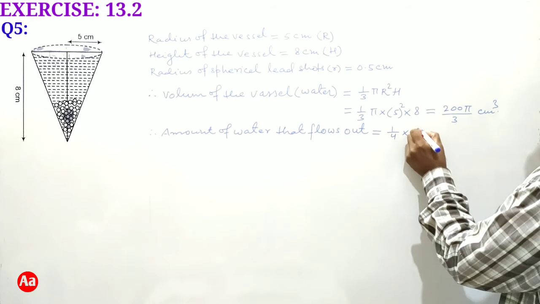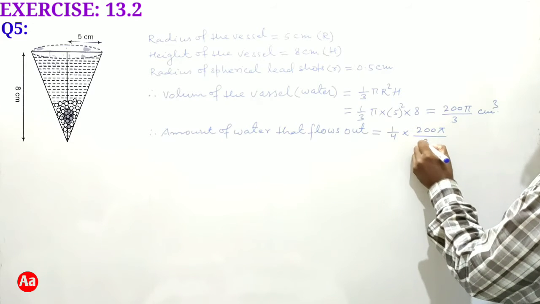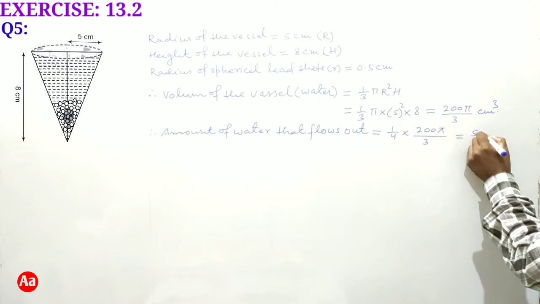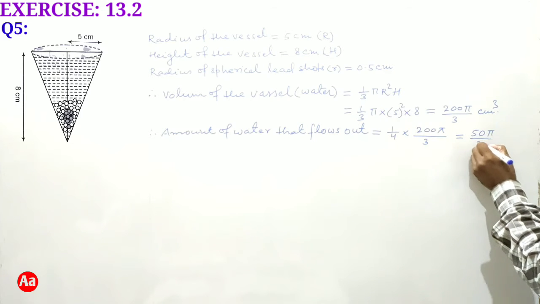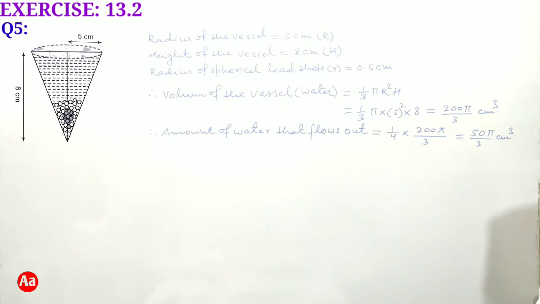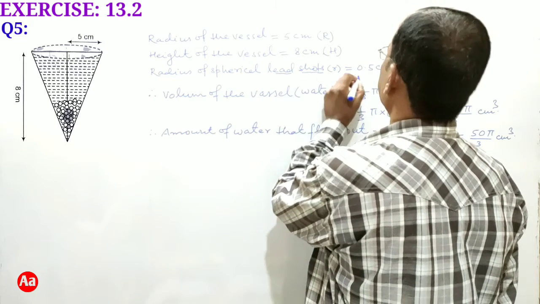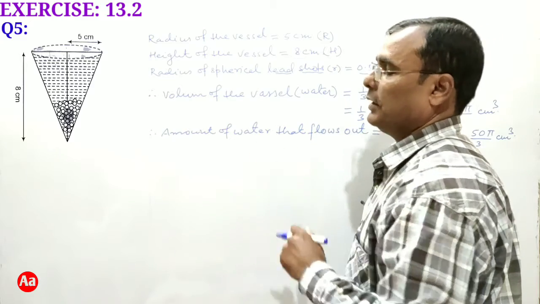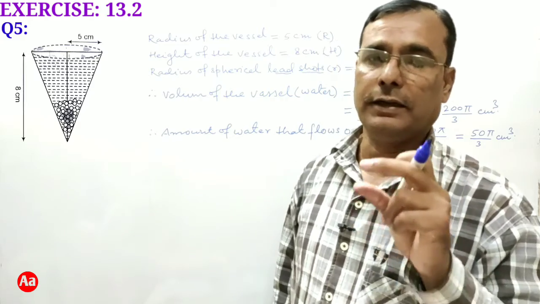So 1/4 into 200 pi by 3, so this is equal to 50 pi by 3 centimeter cube. Radius of a spherical lead shot is given 0.5 centimeter. So now let's calculate volume of one spherical lead shot.